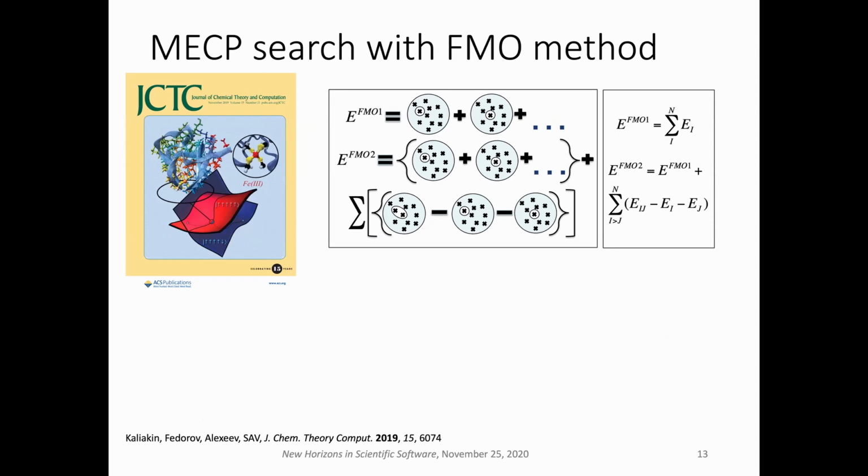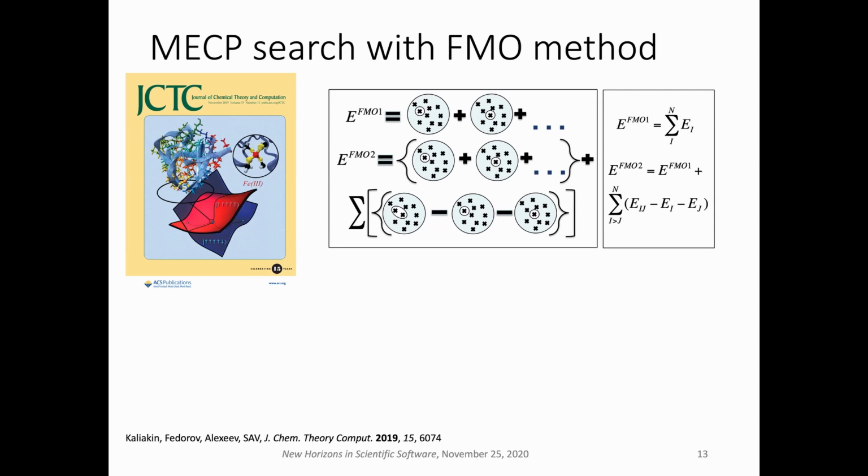I mentioned the MECP search algorithm, and since we're here talking about proteins, all the calculations I showed before were done on small active site models. In this case, we wanted to look at the actual protein effects, and we implemented the minimum energy crossing point search algorithm for fragment molecular orbital methods, which was described by Mark Gordon, I think, on Monday.